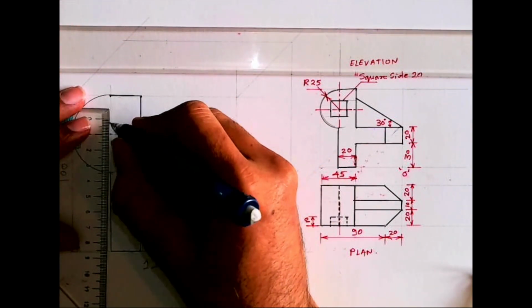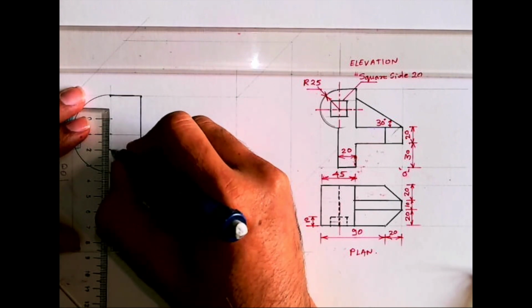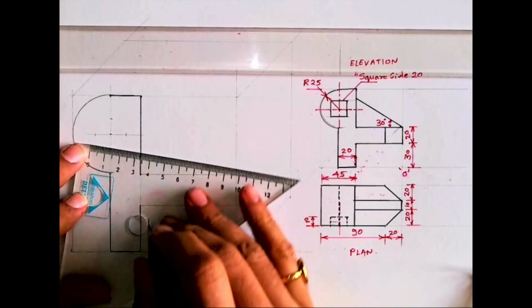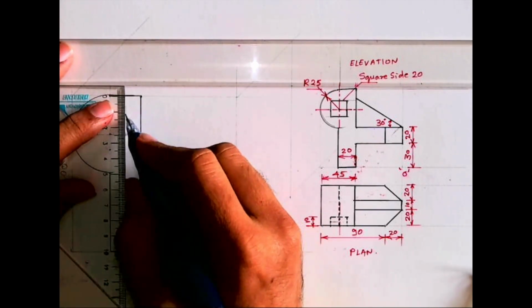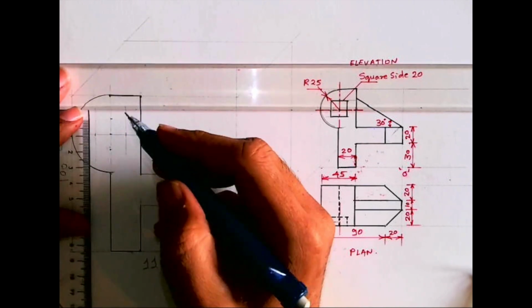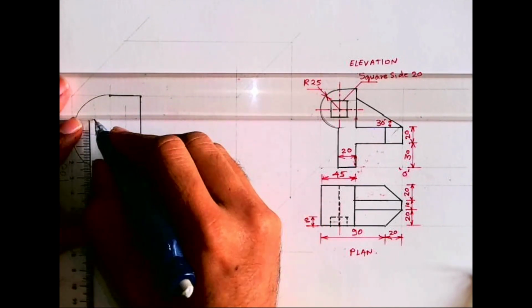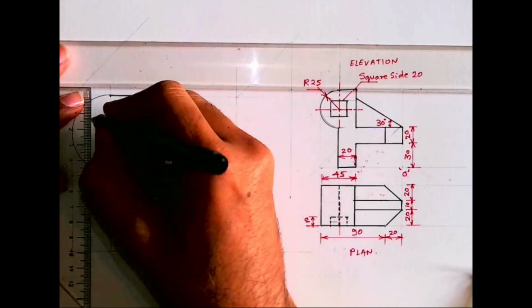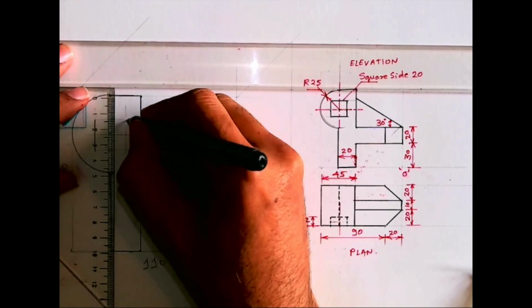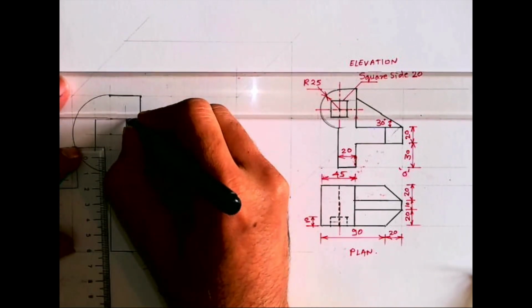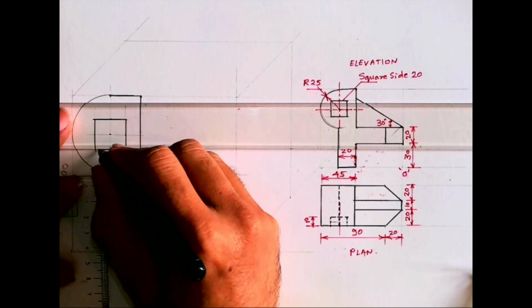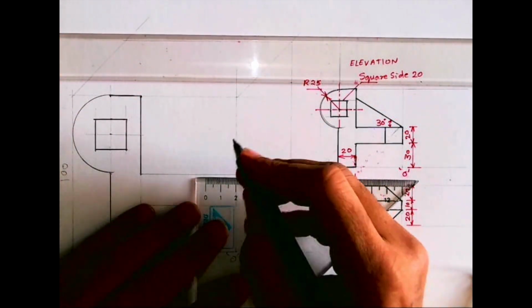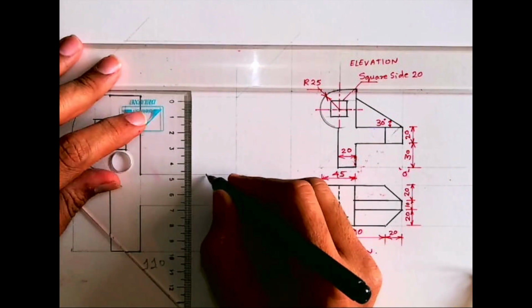Now from this center I can draw 10, 10 because they have said square side 20. This distance is 20.